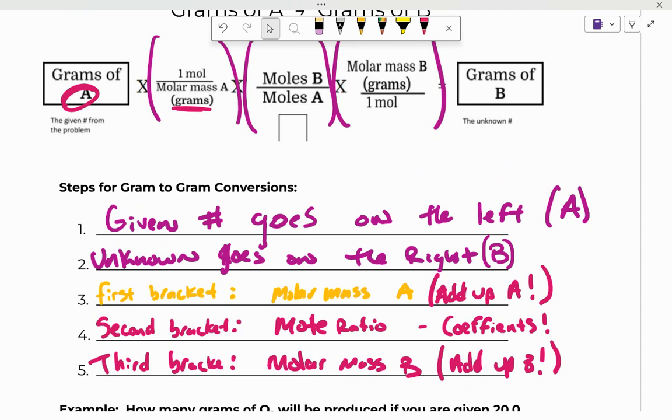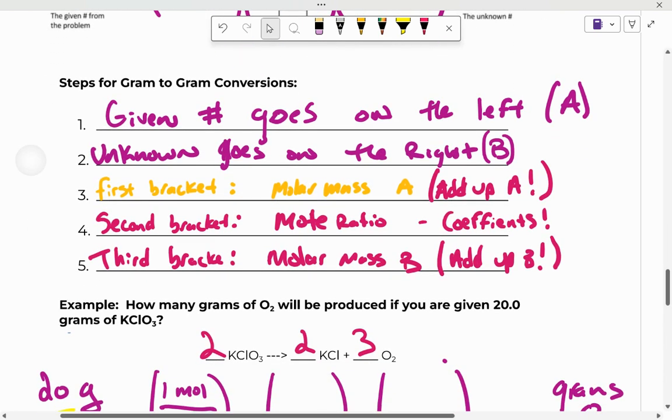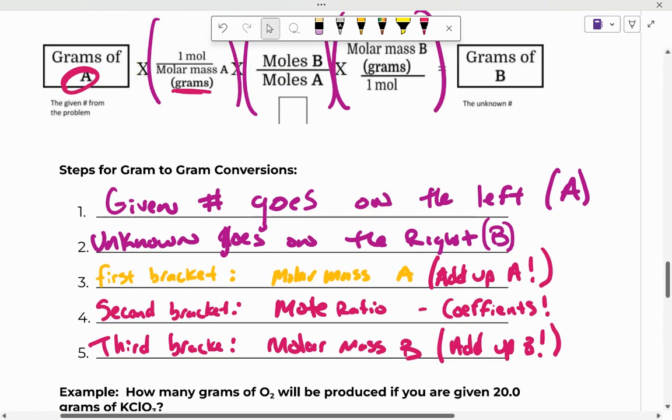The second bracket, we're going to use what we call the mole ratio, like we did yesterday, from the coefficients in the equation. Just like you did yesterday, you extracted those numbers from the balanced chemical equation and you got your recipe. We're going to apply our recipe there. Third bracket says the molar mass of B. You add up B and it goes on top, okay?